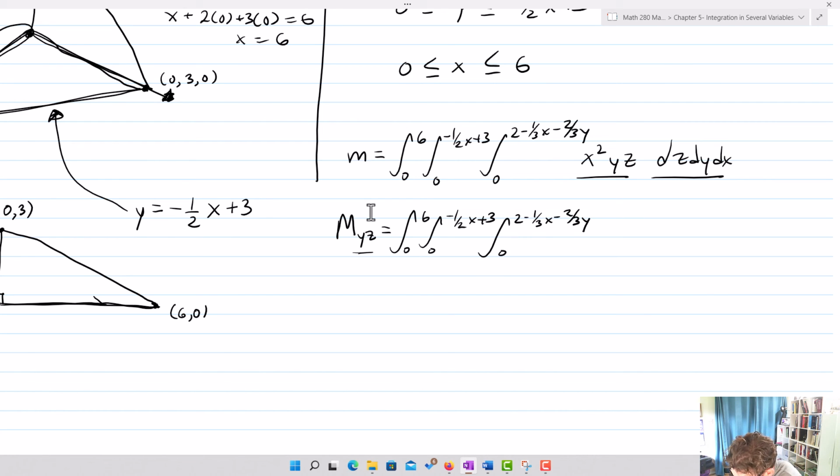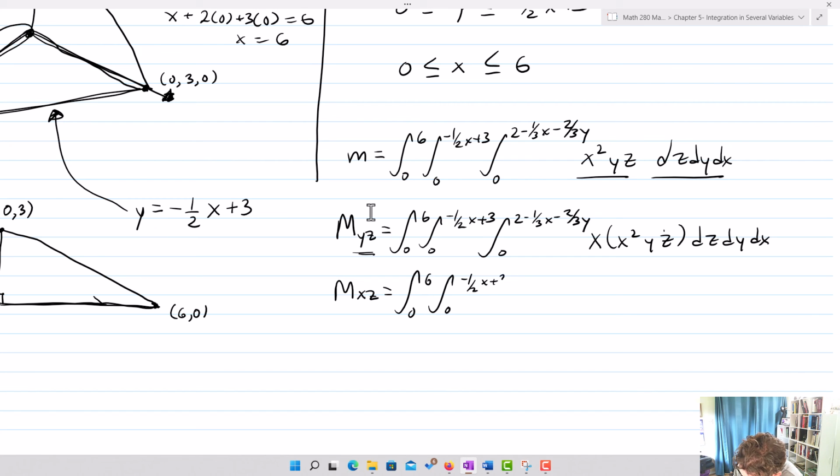And notice no x in there, so this is going to be x times x squared yz, dz, dy, dx. M of xz, so no y in there, is going to equal the integral 0 to 6, 0 to negative 1/2 x plus 3, 0 to 2 minus 1/3 x minus 2/3 y, and this will be y times x squared yz, dz, dy, dx.